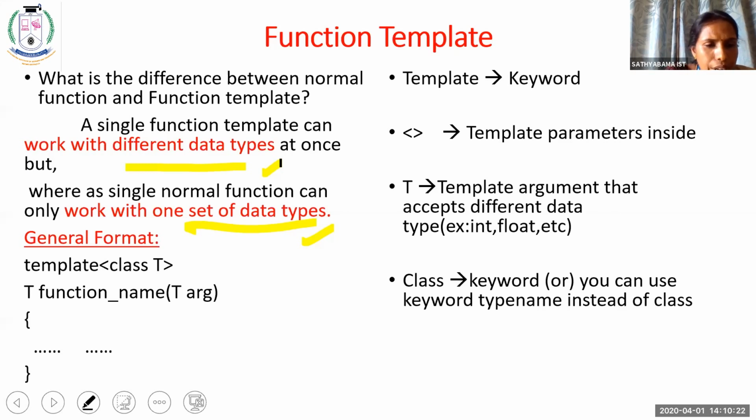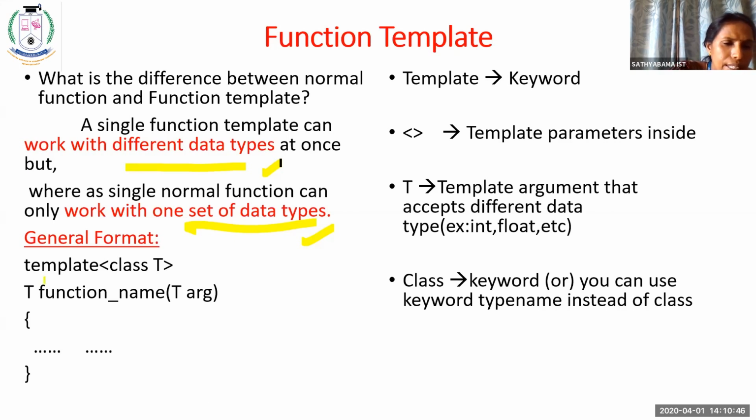Now, the general format or syntax for creating a function template: how will we create it? Whenever you write any functional code or program design, you have to follow some syntax or general format. So for creating your function template, here you write template and class.